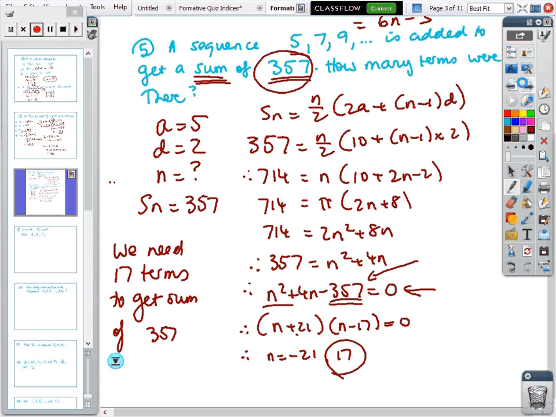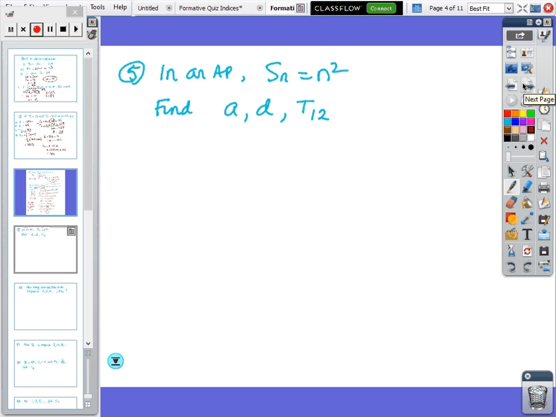Okay, coming across. In an AP, Sn equals n squared, find A, D and T12. This is one you have not practiced much, so I'm just going to work this one for you. The sum of one number, 1 squared, equals 1. Now the sum of one number is the first number, A, which is T1.